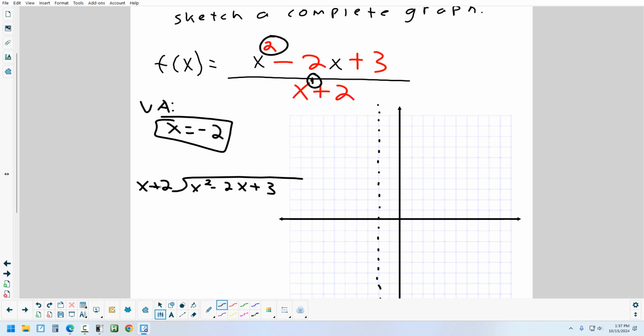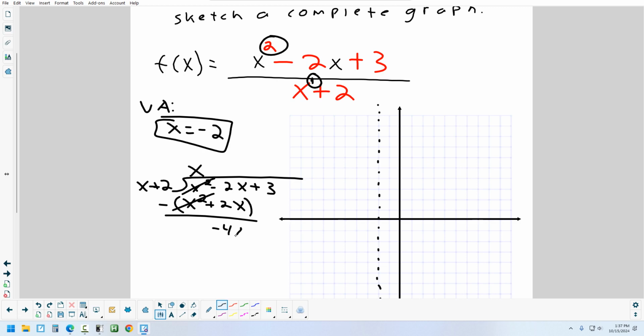X. What's x times x? X squared. And what's x times 2? 2x. And take the columns and subtract. X squared minus x squared is gone. What's -2x minus 2x? -4x.